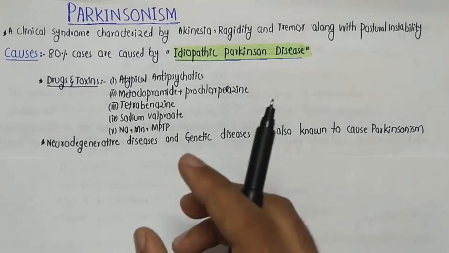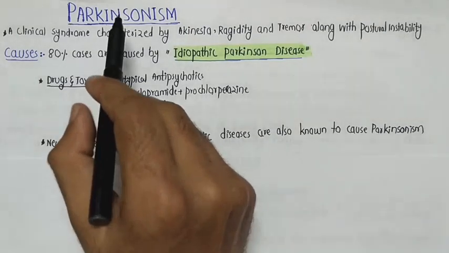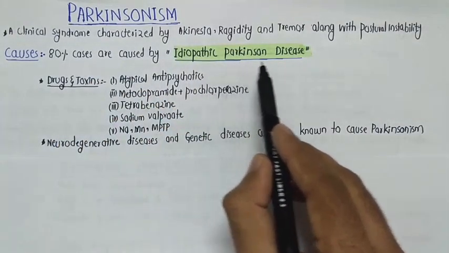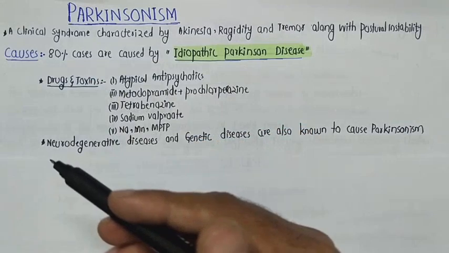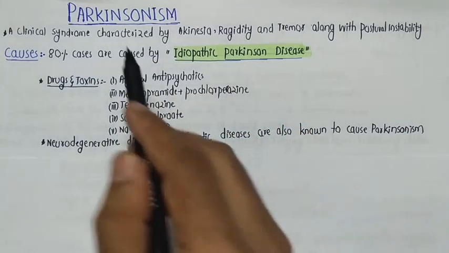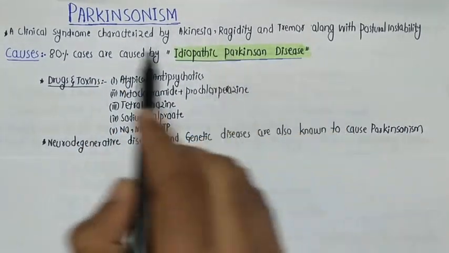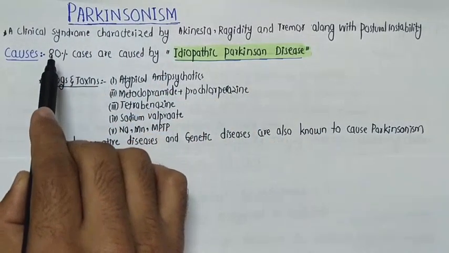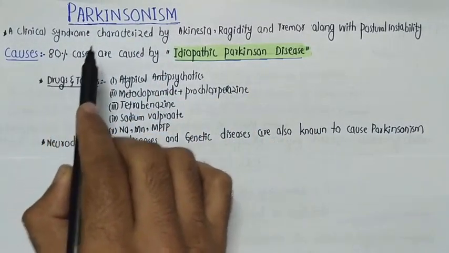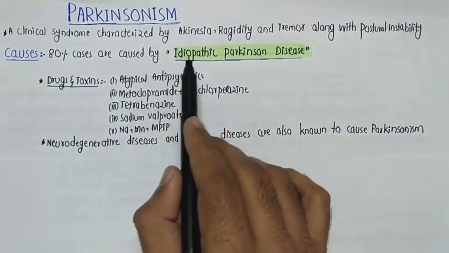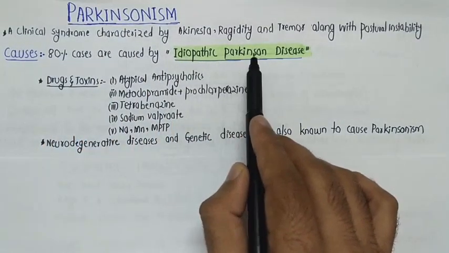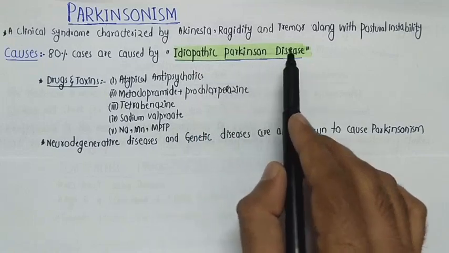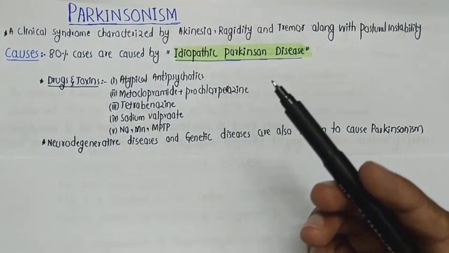What I mean is, Parkinsonism and idiopathic Parkinson disease are two different entities. Parkinson disease is a cause of Parkinsonism; 80% of cases of Parkinsonism are caused by idiopathic Parkinson disease. Parkinson disease is a whole different world.